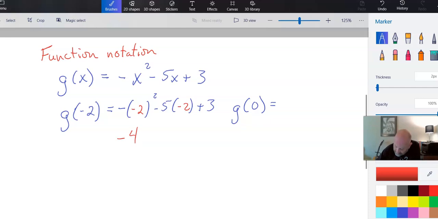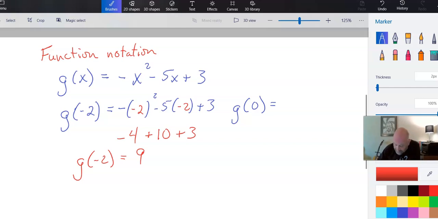And then negative 5 times negative 2 is going to be positive 10, so that's a plus 10. And then we have plus 3. And if I go ahead and simplify that, I find that g of negative 2 is equal to 9. Now, I didn't mention this on the last one. I meant to.